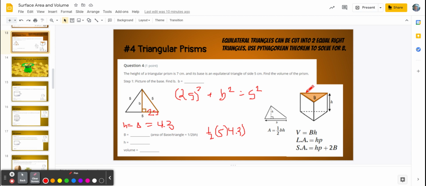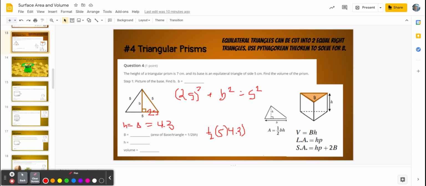So the area of that triangle that the triangular prism sits on is 1/2 the base of the triangle, which is 5, times the height, 4.3. So to find the area of the base, you do 1/2 times 5 times 4.3.